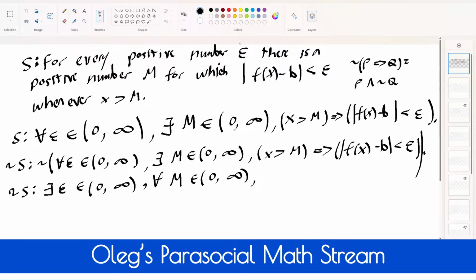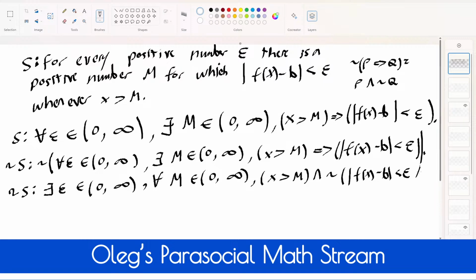P and not Q. Right. So then we just have to negate this. We keep the P, keep the cos, and we're going to say and not f of x minus b absolute value is greater than epsilon.